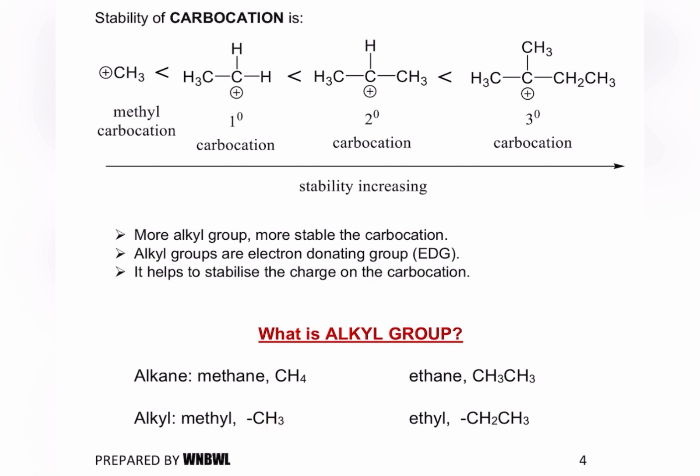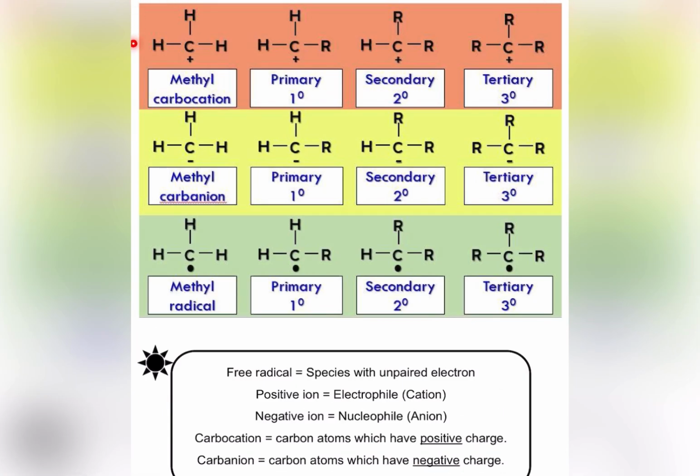Same case with ethane, and once ethane becomes an alkyl group, it means that the name will change to ethyl, and the structure will be attached to something else in the form of CH2CH3. This is how I make it very simple for you to understand.